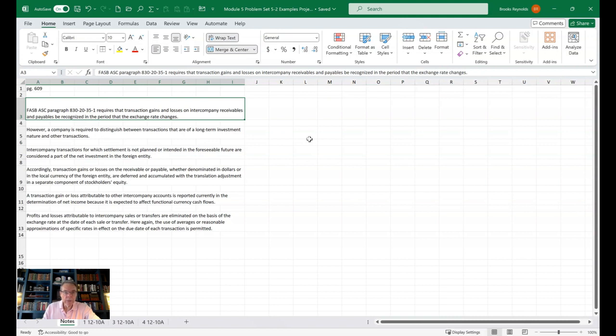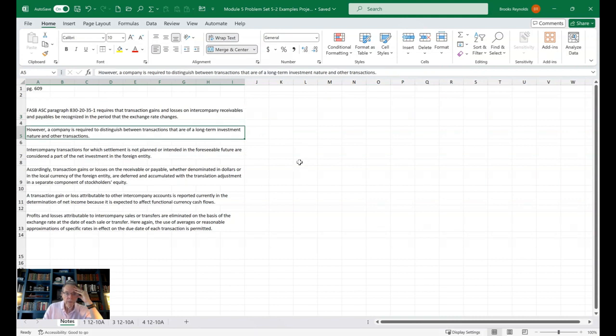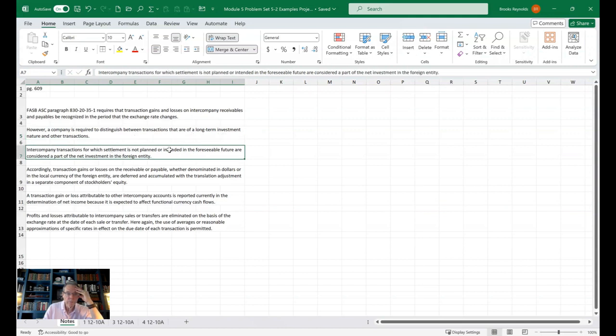It requires that transaction gains and losses on intercompany receivables and payables be recognized in the period that the exchange rate changes. However, a company is required to distinguish between transactions that are of a long-term investment nature and other transactions. Intercompany transactions for which settlement is not planned or intended in the foreseeable future are considered a part of the net investment in the foreign entity.